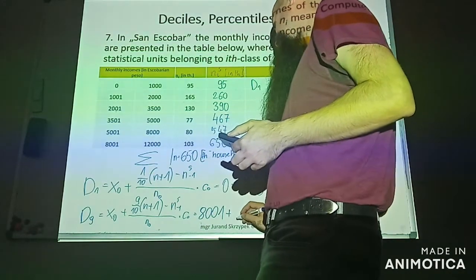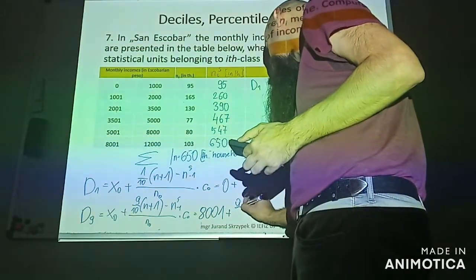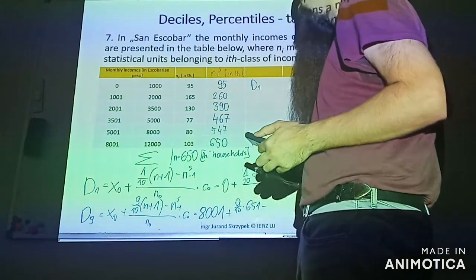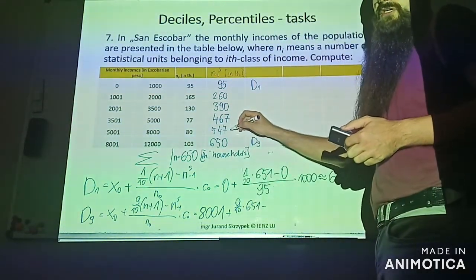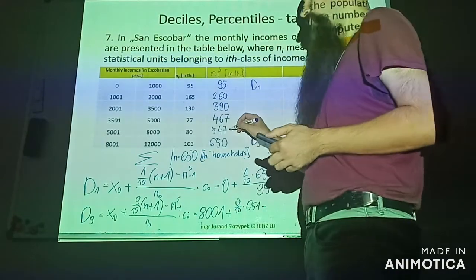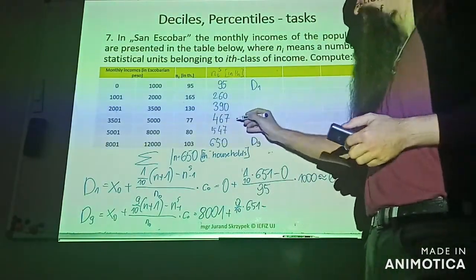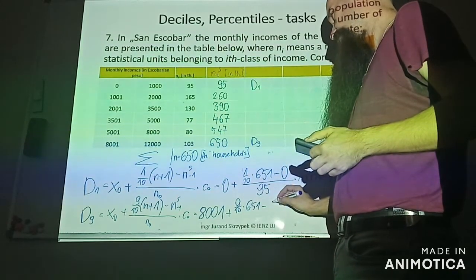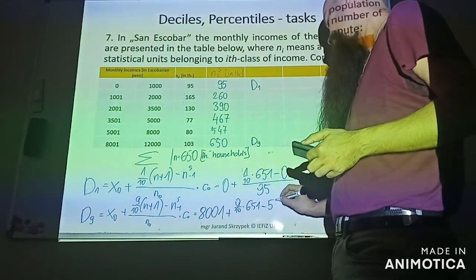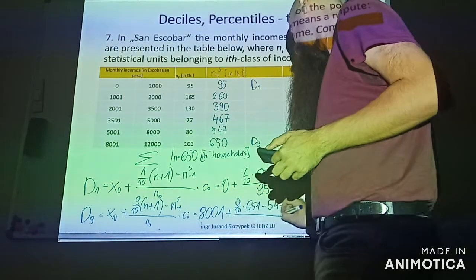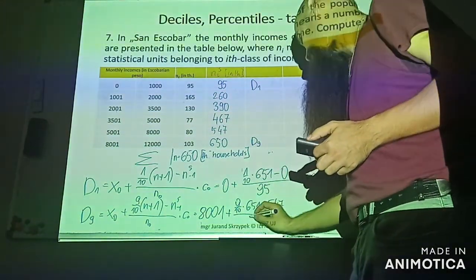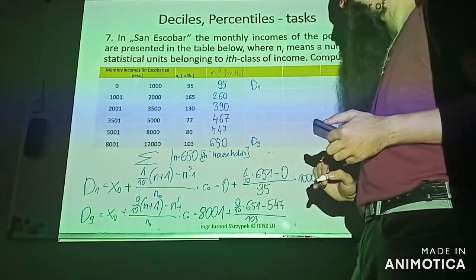8001 plus 9/10 multiplied by 651 minus, here exists the previous class, and the value of cumulative frequency from the previous class is 547, divided by 103.